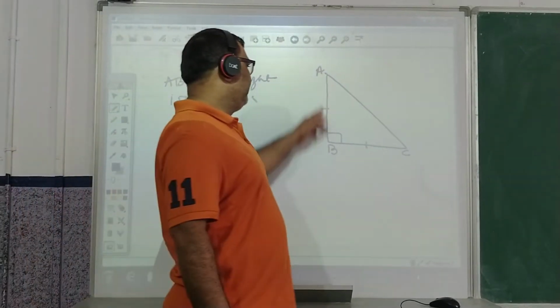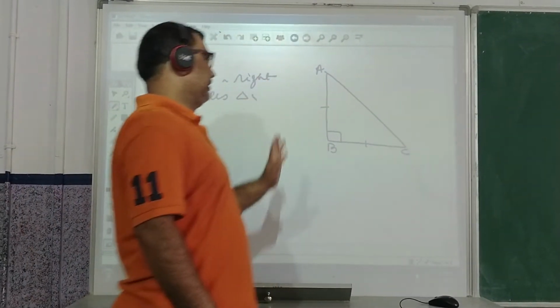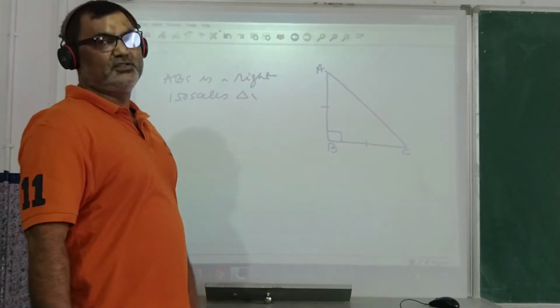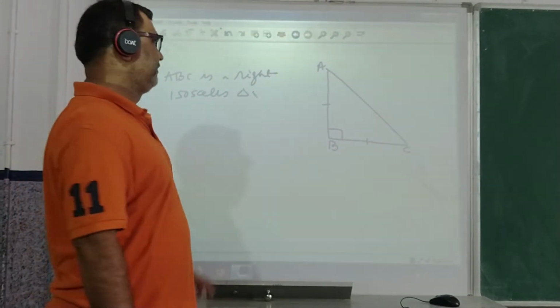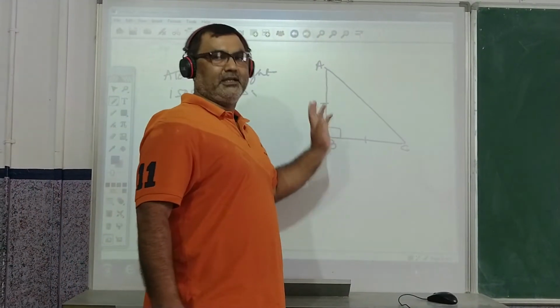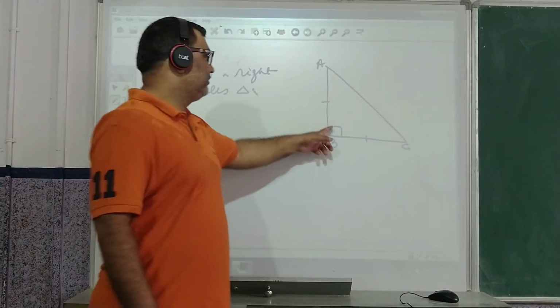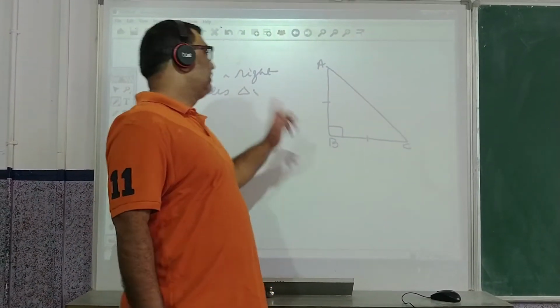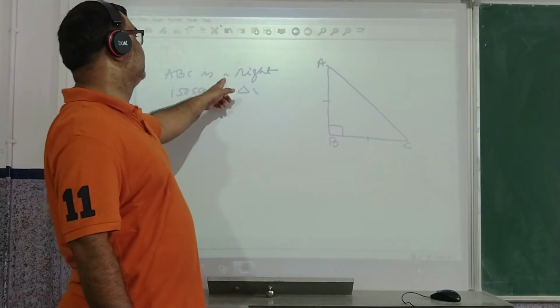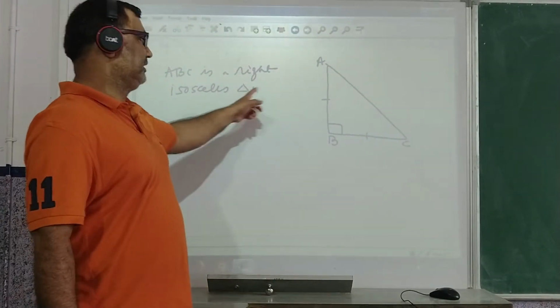So AB and BC are equal. Since two sides are equal, it is said to be isosceles, and since one of the angles is a right angle, I am saying ABC is a right isosceles triangle.